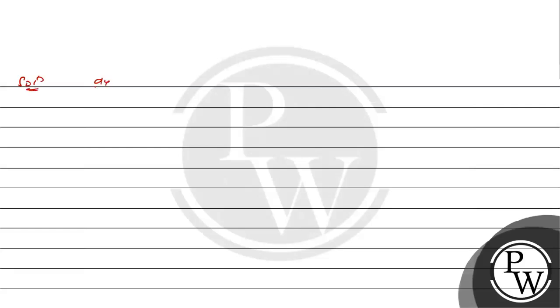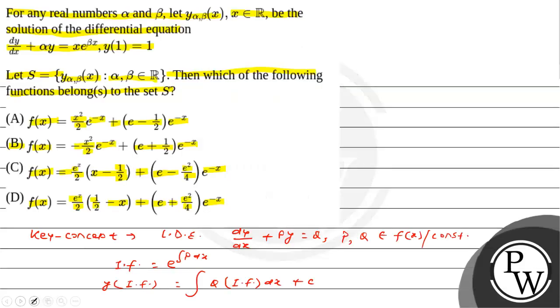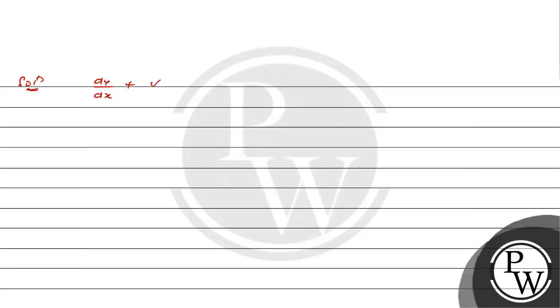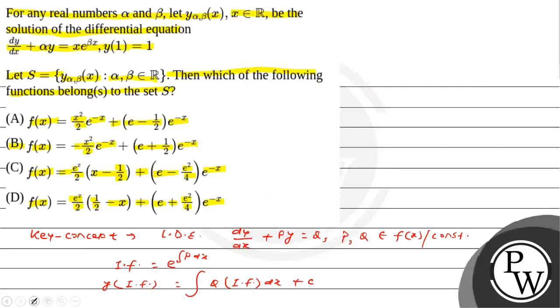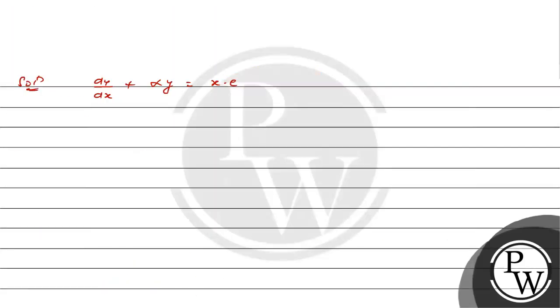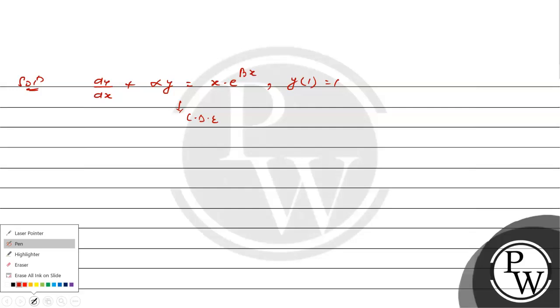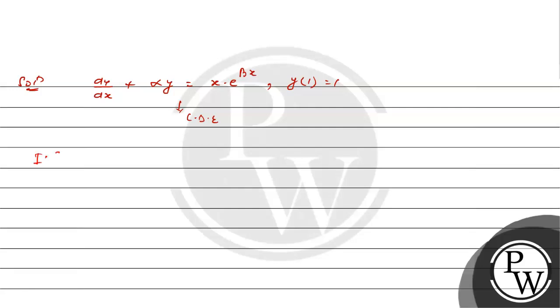The given differential equation is dy/dx + alpha y = x e^(beta x), and given y(1) = 1. Since this is in the form of a linear differential equation, first of all we find the IF, which is e^(integral of P dx).